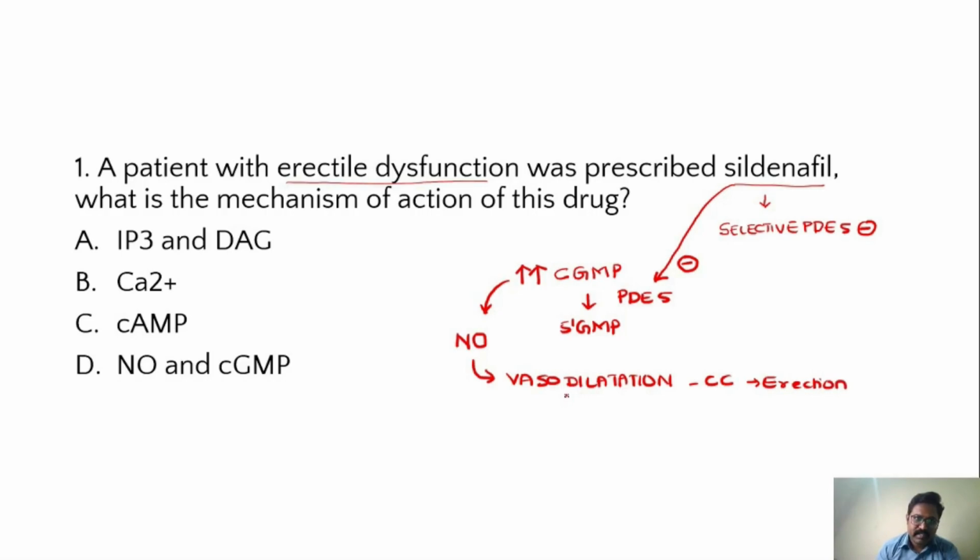Also, apart from this, it is also used in case of pulmonary hypertension. Please remember, for this question the answer will be D, nitric oxide and cyclic GMP. It acts by enhancing the activity of nitric oxide by increasing the levels of cyclic GMP.